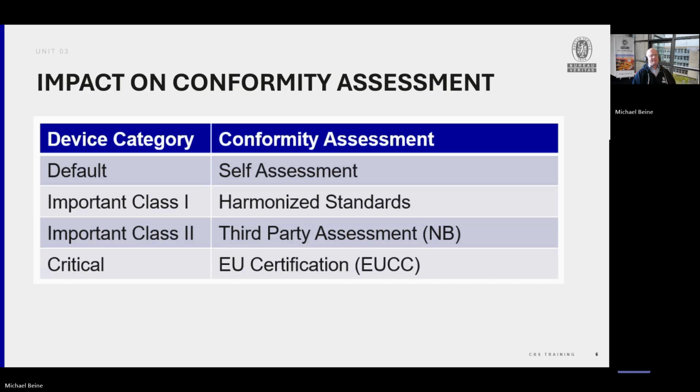So, since you were still on this slide, there was a question asking for a clarification about what a third-party assessment would look like, the actual implementation. Yes. So the third-party assessment, I can explain what it looks like. That's why I put NB, notified body, behind it.